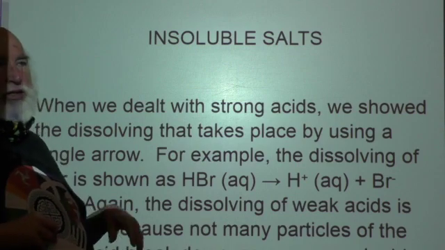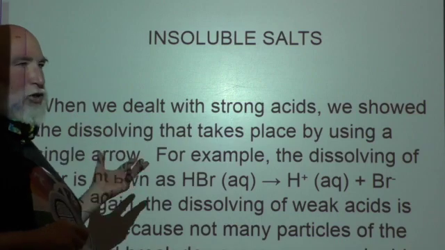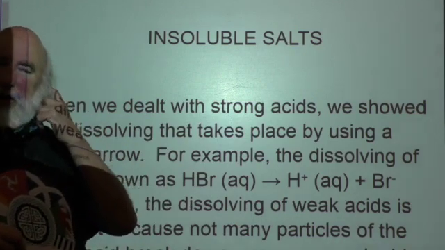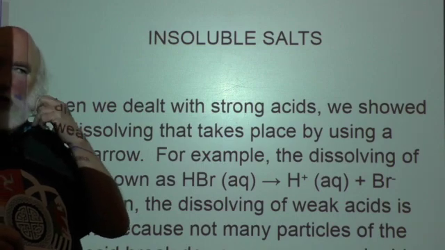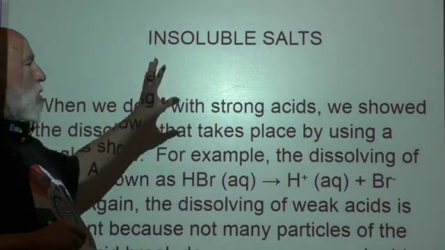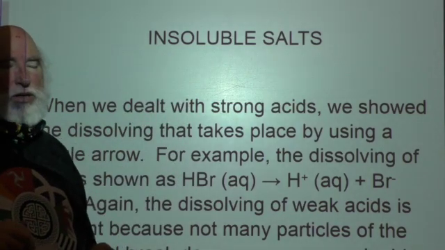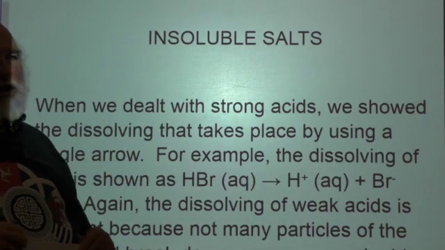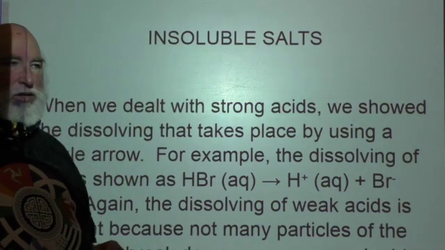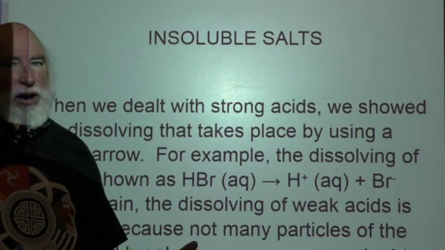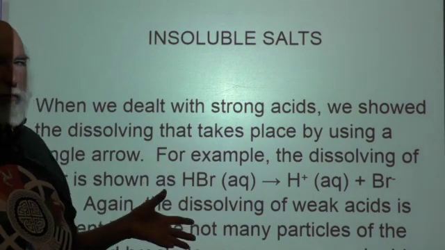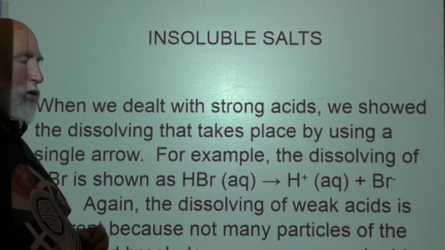So this actually comes from the next chapter, chapter 18 in your textbook, but we're only doing a couple of sections from that, and then we're going to move on to something else. This is called insoluble salts. Now, what that means is, first of all, the word salt means that you're dealing with an ionic compound, whether it's an inorganic ionic compound or an organic ionic compound, and we'll talk about both of those as we get through it.